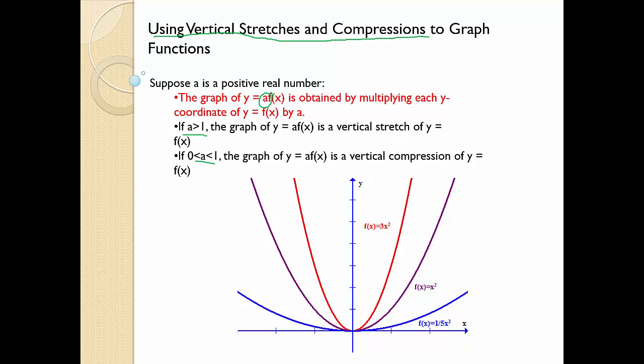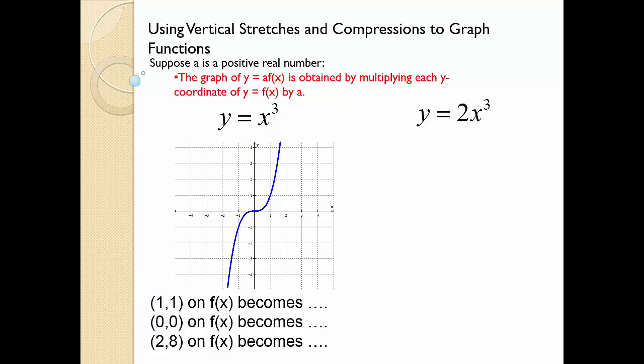So you'll see here the purple one is the original, x squared. If you multiply it by 3, since 3 is bigger than 1, that stretches it up. If you multiply by a fifth down here, see that's between 0 and 1, it pushes it down. That's what they're calling compression. Okay? And we'll use one of those then to graph.